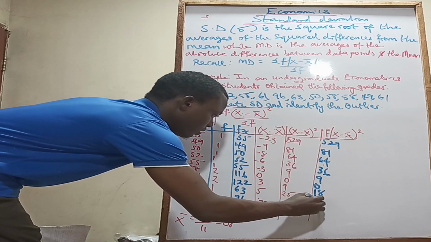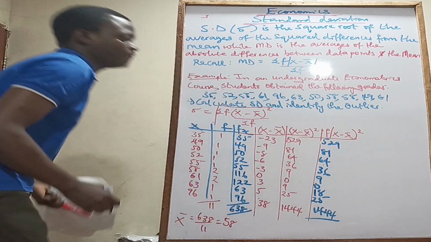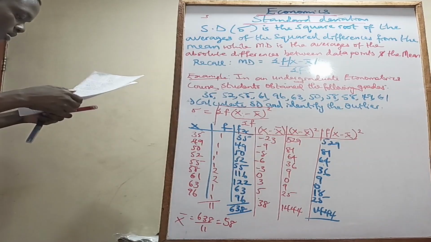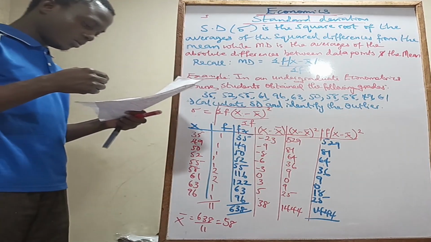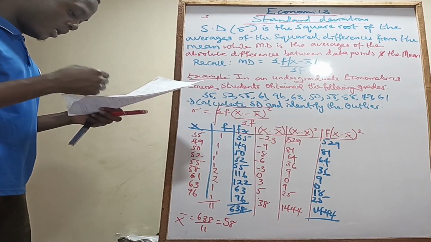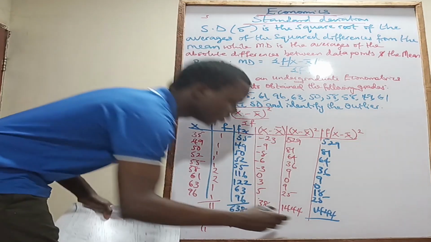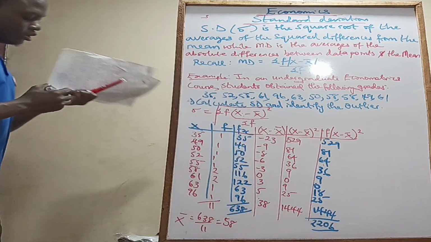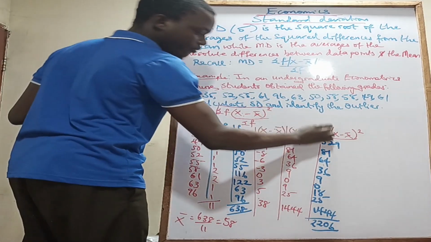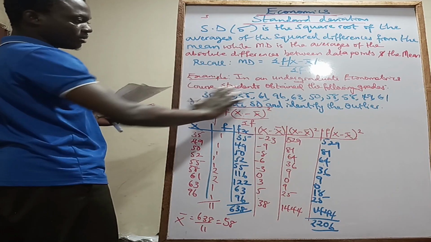Then 25, then 1444. Let's cross check: 529, 81, 64, 36, 9, 0, 18, 25, 1444. Doing that, we get 2206. This is the sum of f times the squared deviations of this particular data set.